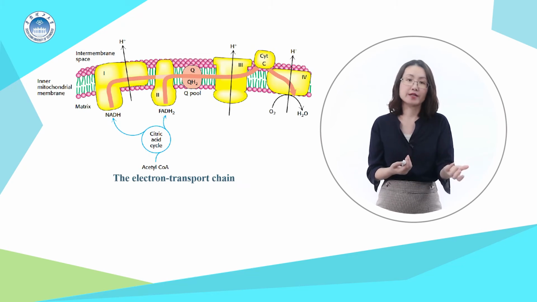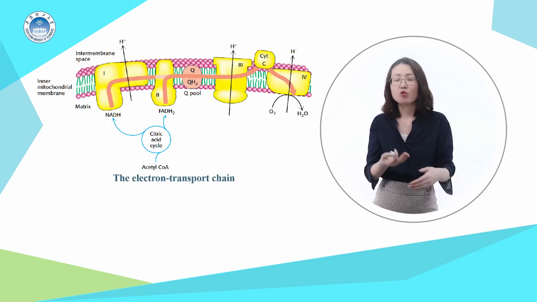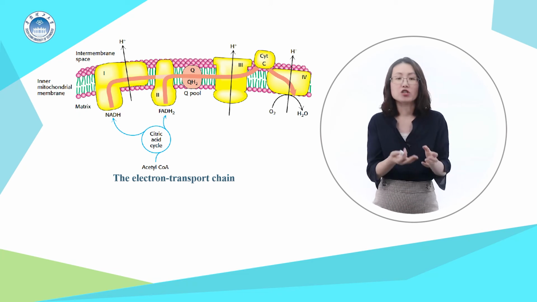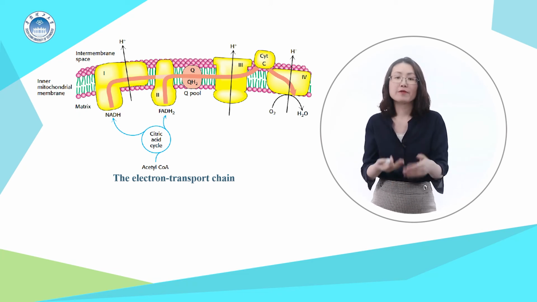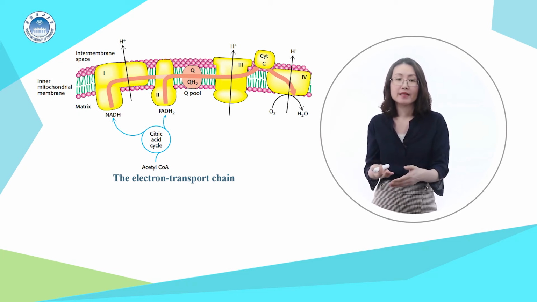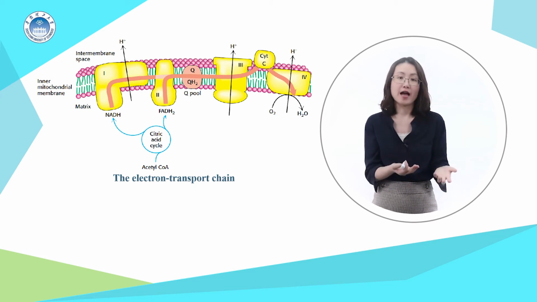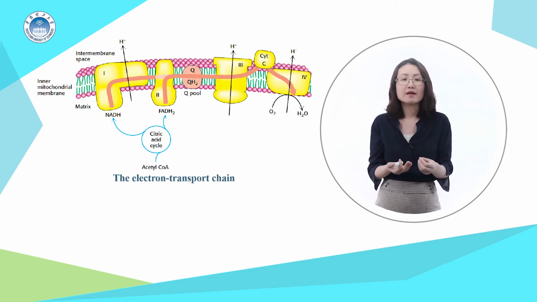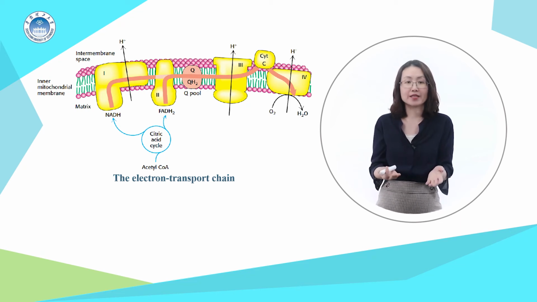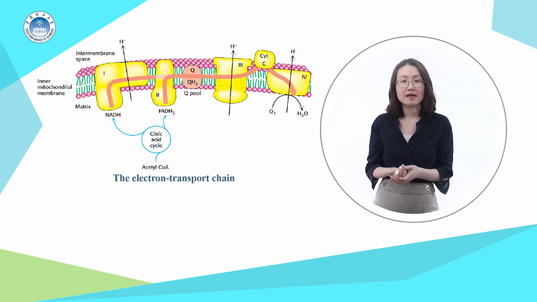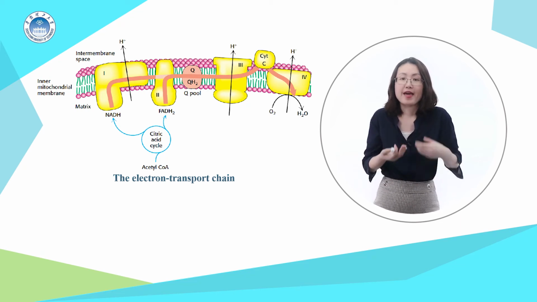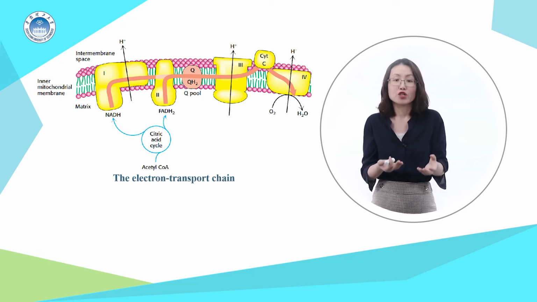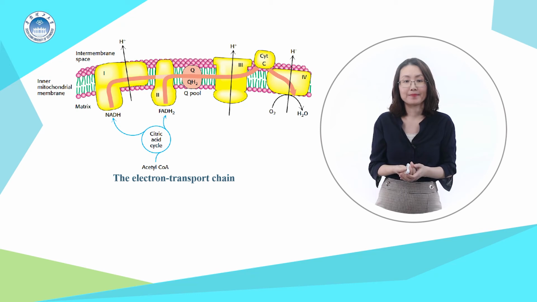So the figure shown here summarizes the flow of electrons from NADH and FADH2 through the respiratory chain. This series of exergonic reactions is coupled to the pumping of protons from the matrix. As we will see shortly, the energy inherent in the proton gradient will be used to synthesize ATP.